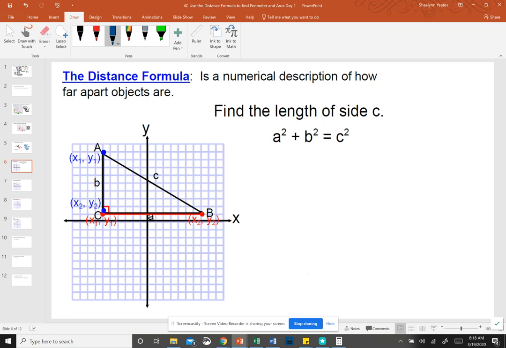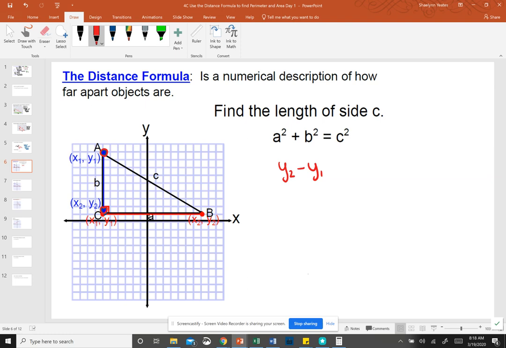Okay, if I'm going to do the distance formula, you'll notice that I've got this line right here. I've got x1, y1, x2, y2. Now if I want to find the distance, notice this is a change in y, a change in my height from here to here, so I'm just going to take y2 minus y1.